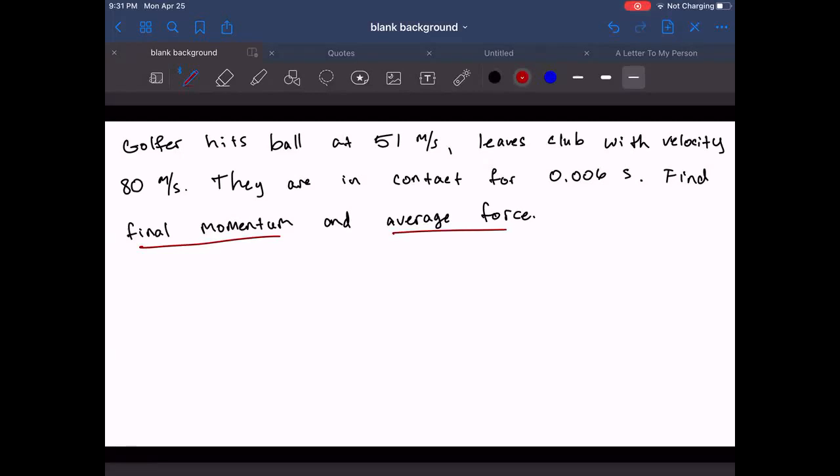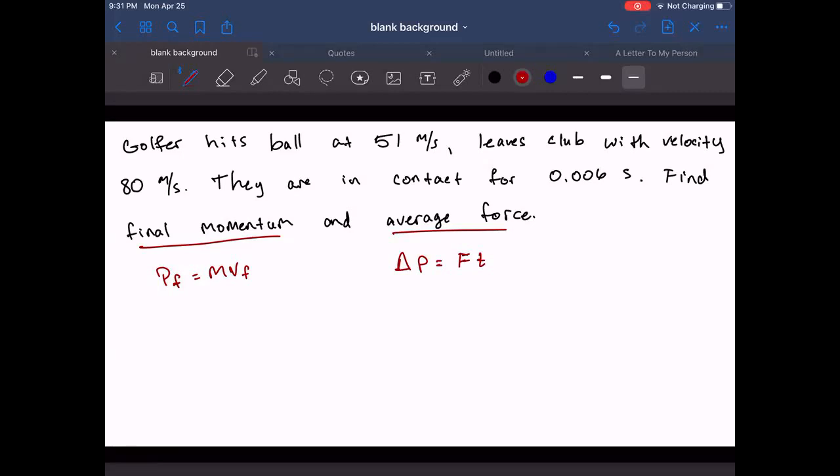Okay, so for the momentum, you should use P equals M times V, and the impulse equation, delta P equals force times time. So yeah, that's exactly right.